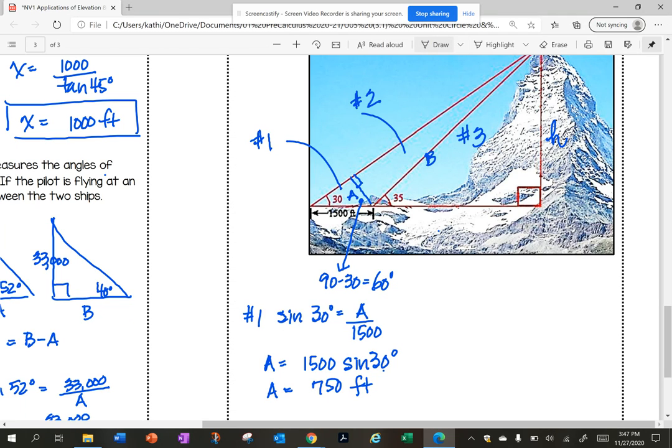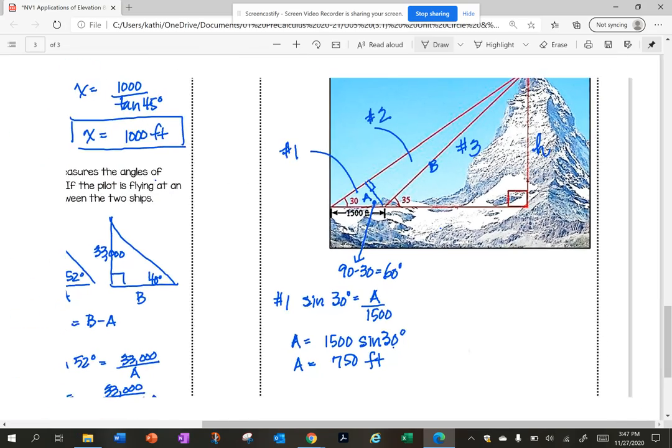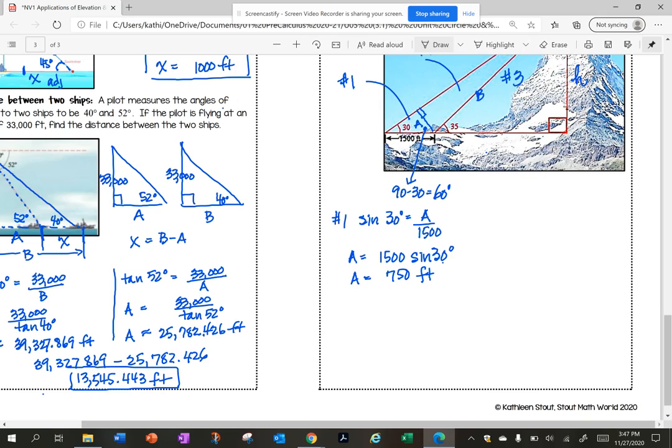Okay, so for my next calculation, I want to solve for side B next. So to solve for side B, I need to know this angle in the triangle. And I know I'm forming a line here between these three triangles.